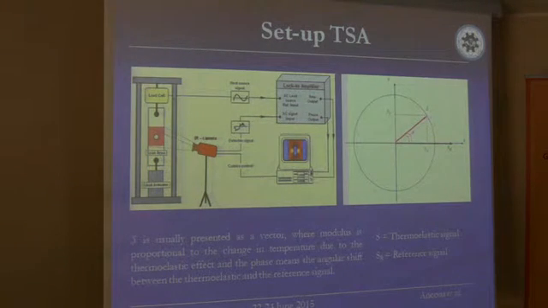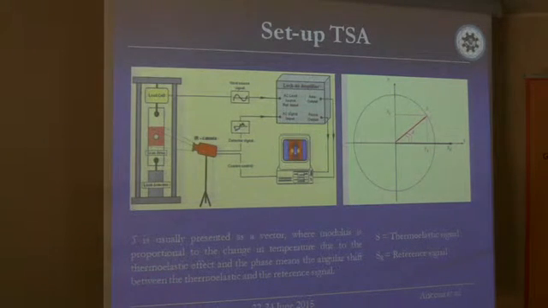The classical TSA setup consists of a loading machine, an infrared camera, and a lock-in amplifier. The lock-in amplifier elaborates the data from the load cell, so the reference signal, and the detector signal from the detector of the infrared camera, and the output will be the thermoelastic signal, the amplitude, and the phase signal.